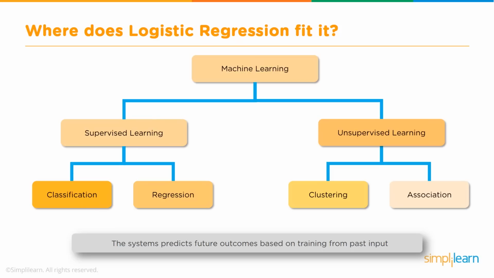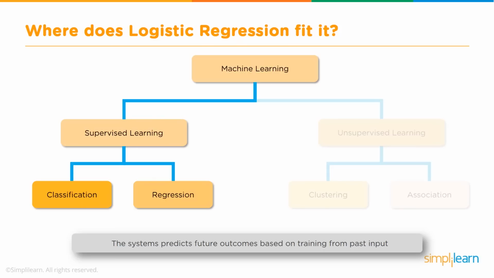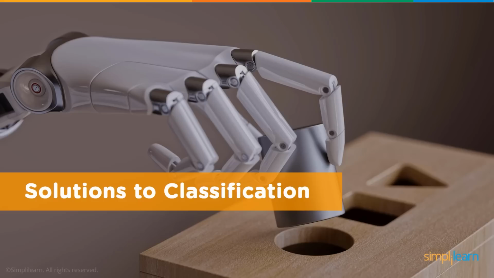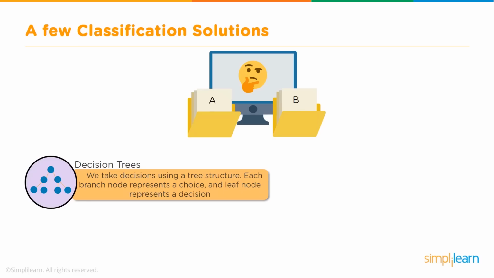So in this video, we are going to focus on supervised learning, and within supervised learning, we are going to focus on classification, and then within classification, we are going to focus on the logistic regression algorithm. So first of all, classification. What are the various algorithms available for performing classification? The first one is decision tree.